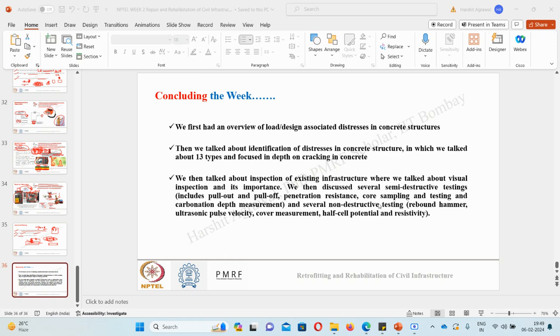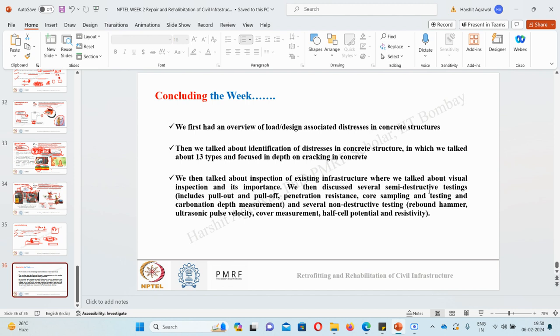So, in today's session, we first had an overview of load and design associated distresses in concrete structure. Then we talked about identification of distresses in concrete structure, in which we talked about 13 types of distresses and focused in depth on cracking in concrete. Then we talked about inspection of existing infrastructure, where we talked about visual inspection and its importance.